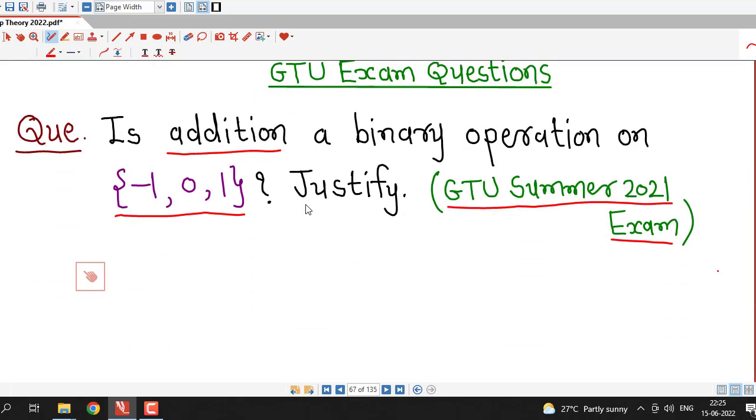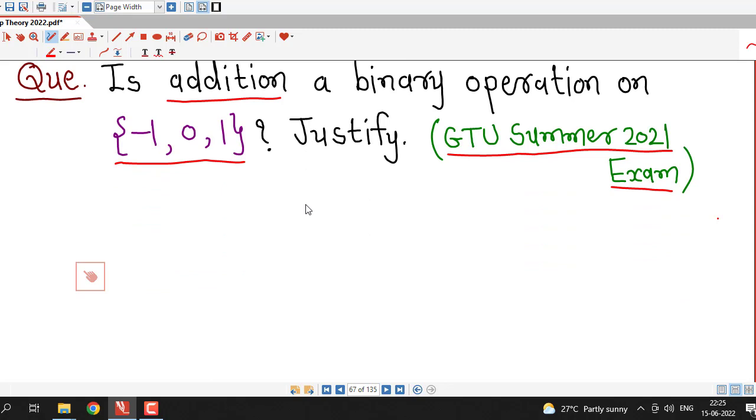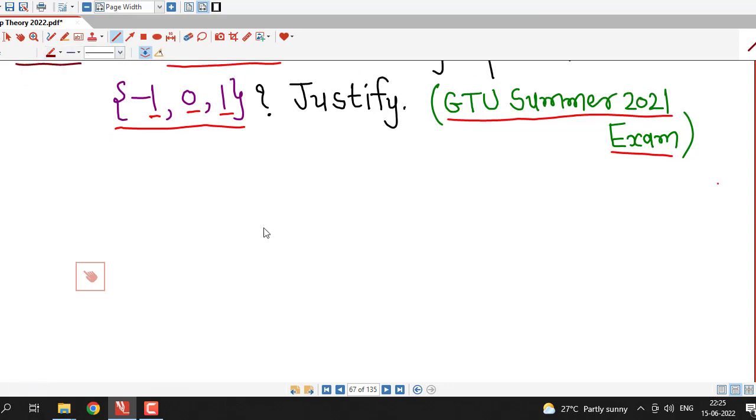So here our set is -1, 0, 1, and the operation is addition, standard addition of real numbers. So we have to check that if we take any two possible numbers from this set, then their addition must also be in this set. Because this is a set having three elements only, we can construct the composition table, and we know how to prepare the composition table.